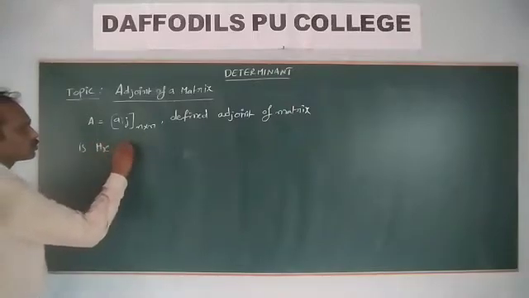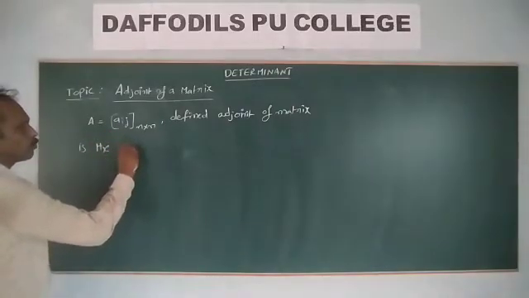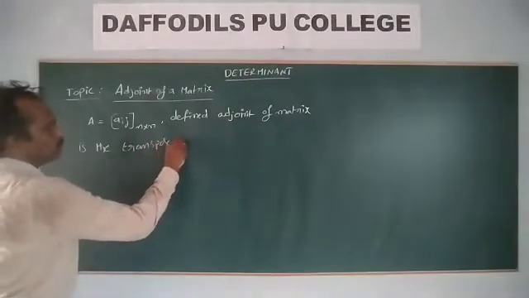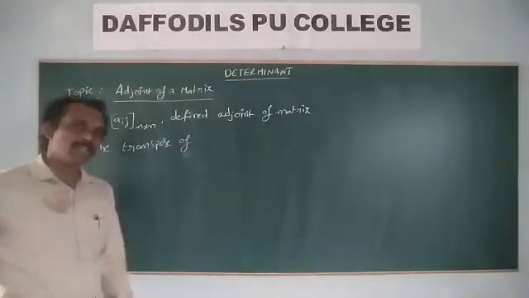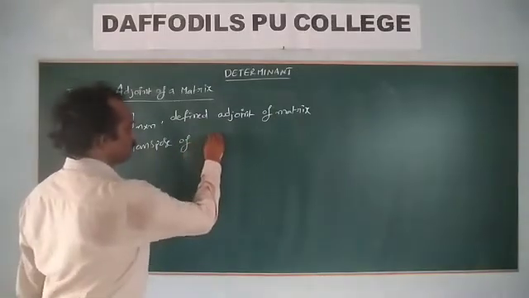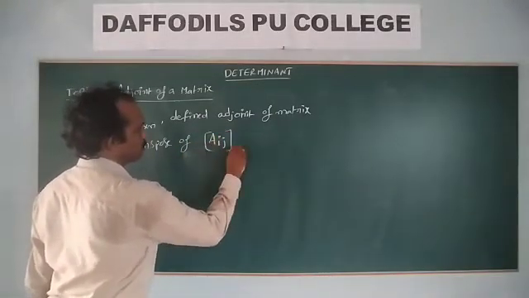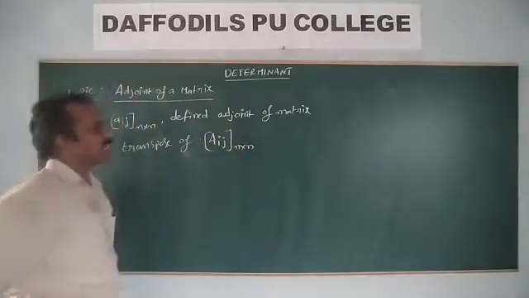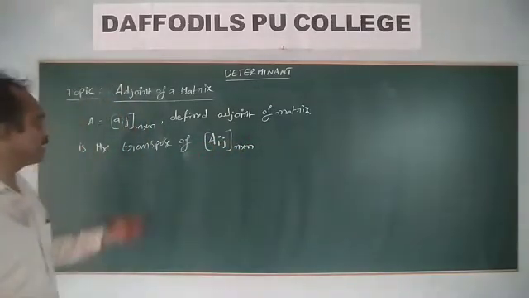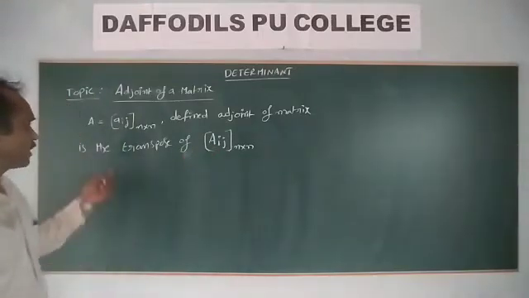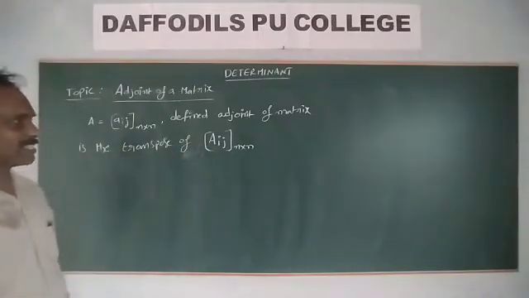the transpose of the cofactors. Capital letter Aij is called the cofactor, while small letters are the elements.